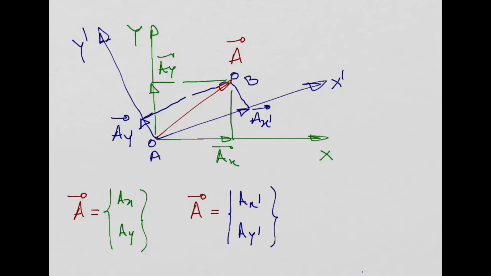Okay? So, any questions? Everybody understood this? So this is the situation with vectors. We always have a coordinate system, which is very different from scalars, right?